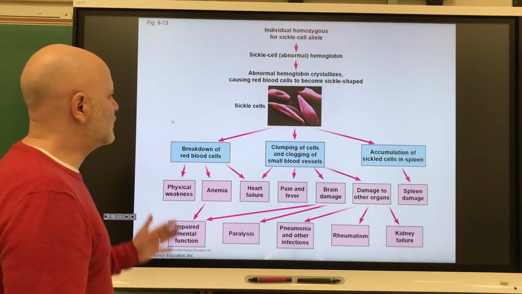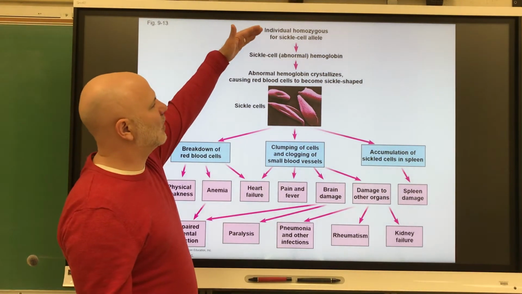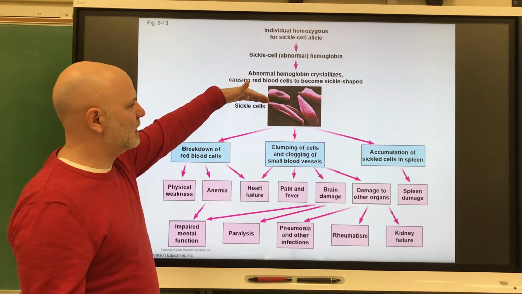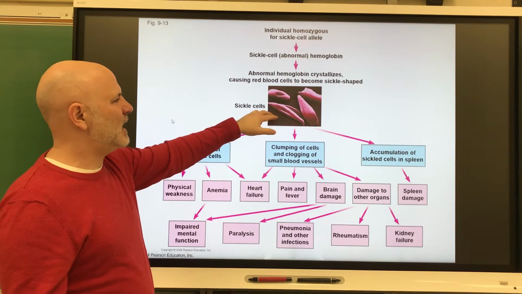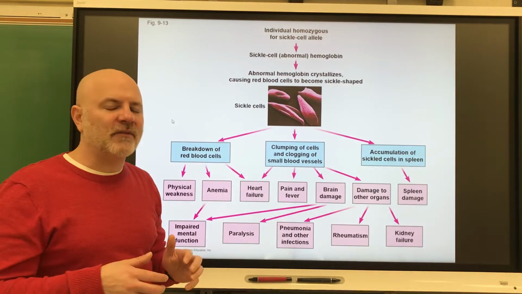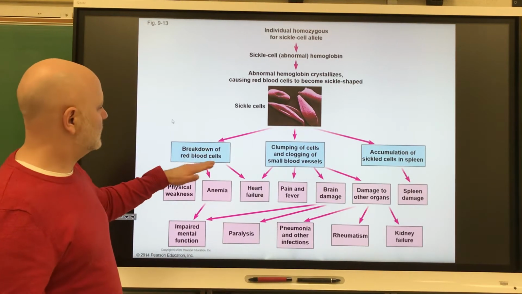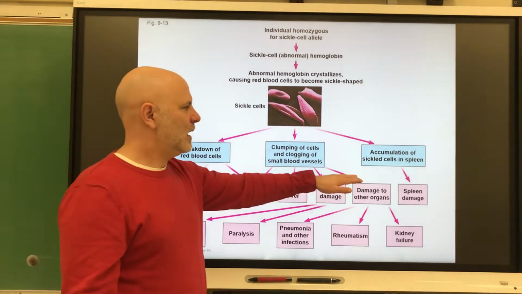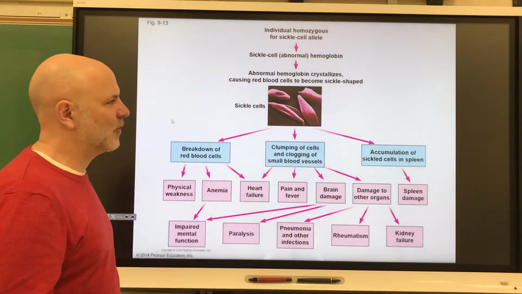This is showing sickle cell disease, and because you have this abnormal hemoglobin, this produces these abnormal red blood cells. Because they have this abnormal shape, they break up in our blood vessels much easier than typical red blood cells. So you see this breakdown of red blood cells, they can clump together, and then it can cause all of these other problems to arise.